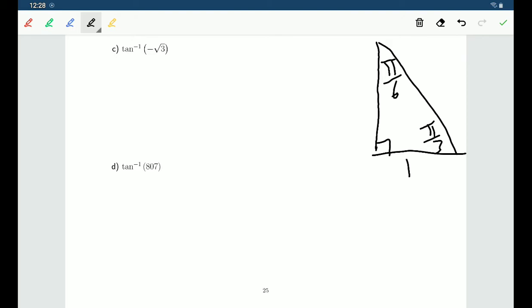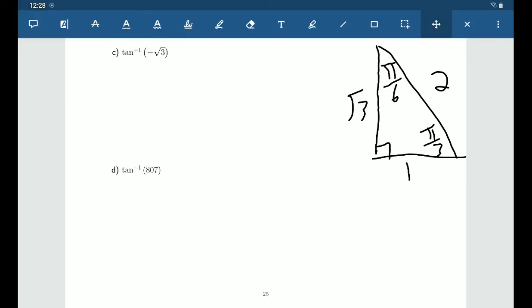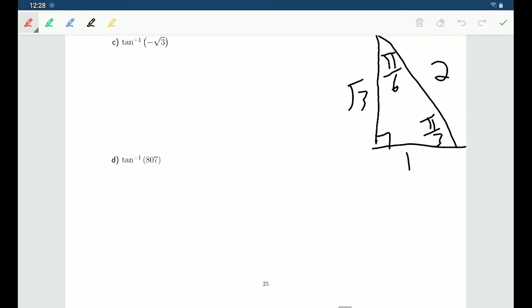Side lengths 1 opposite the pi over 6, root 3 opposite the pi over 3, and 2 opposite the 90 or pi over 2. Okay, so if we're thinking about this triangle, if we were looking for a value of tangent of root 3, that would happen if we were looking at the angle of pi over 3, because tangent of pi over 3 would be opposite over adjacent, root 3 over 1, which is just root 3.